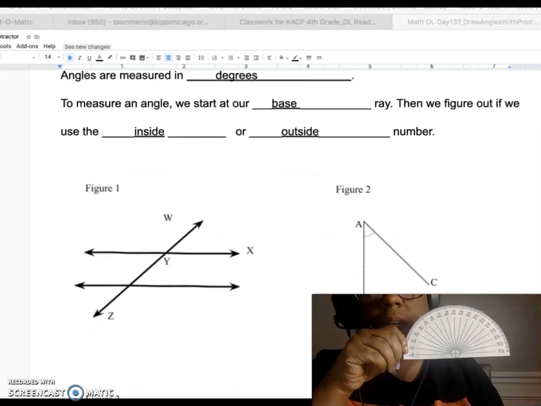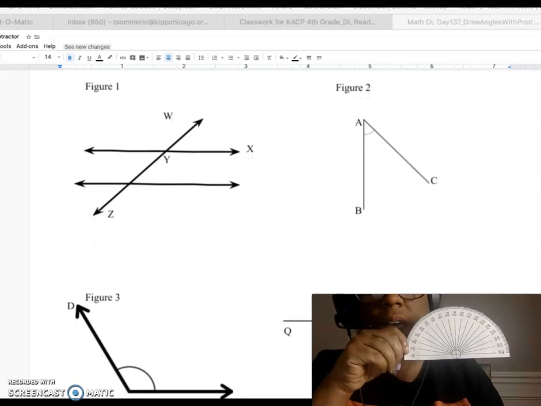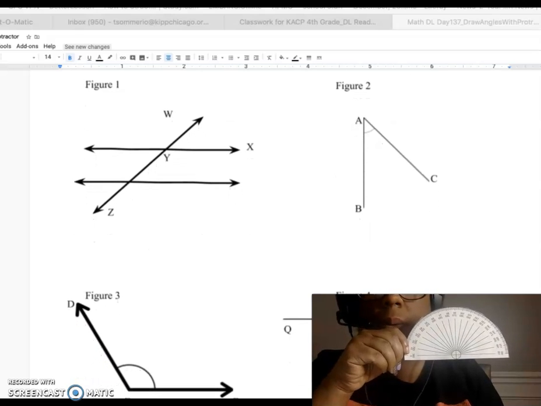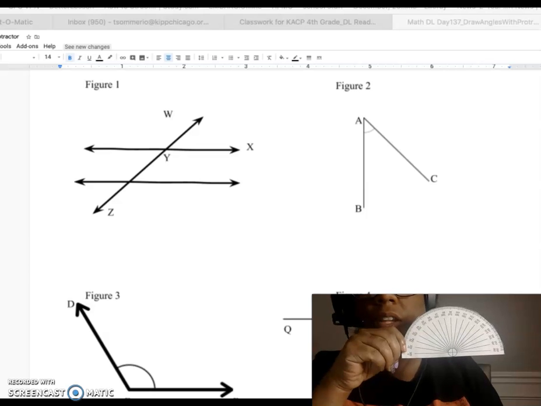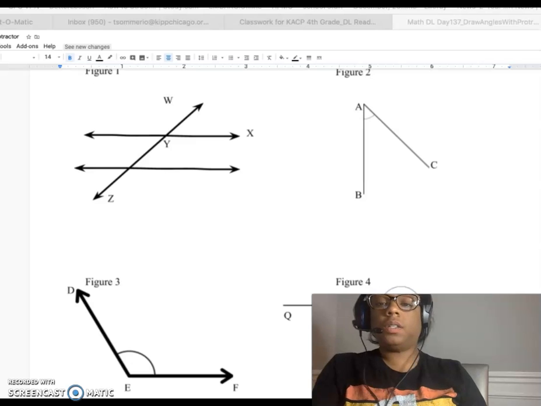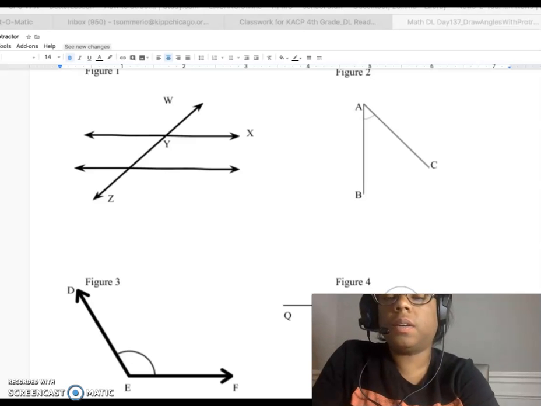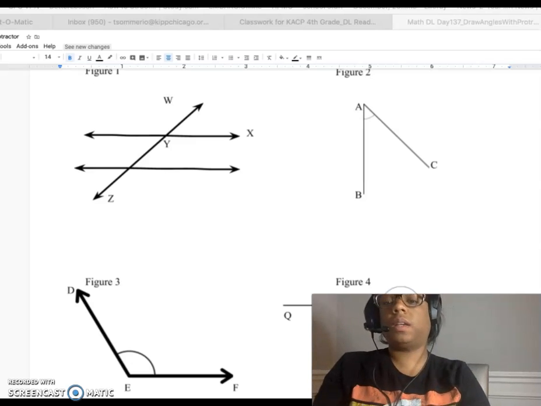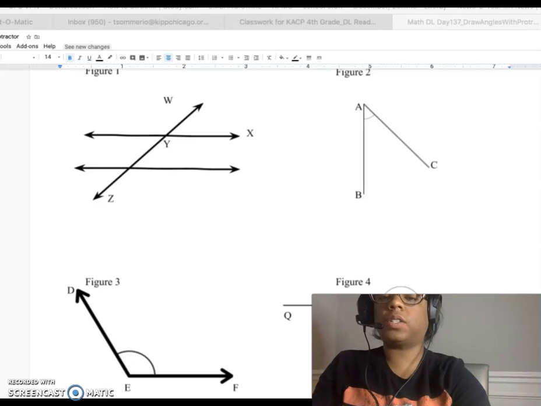Now, let's make sure we have an example so we can know what we're doing. When we look at figure number 1, we have several different angles. So I'm just going to choose an angle. I'm going to choose angle W, and I'm going to put the protractor that I printed out against the screen.